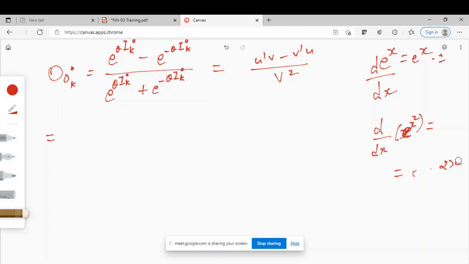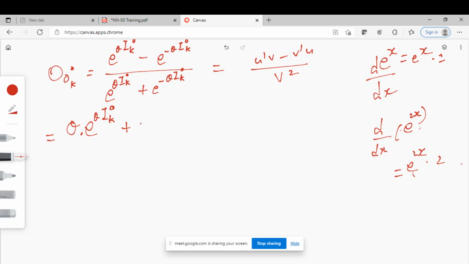So when you do that, you get the same thing, e power theta I_ko, and apart from that, when you differentiate the power part separately, you get theta. So theta into e power theta I_ko. This is for this term. Similarly for the other term, you get minus theta, and since there is already a minus sign, minus into minus becomes plus.